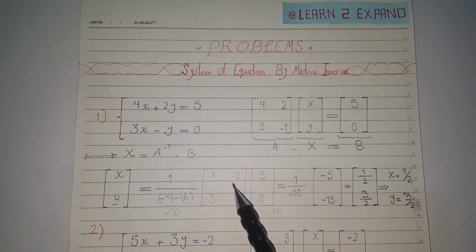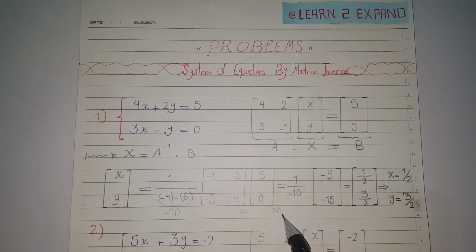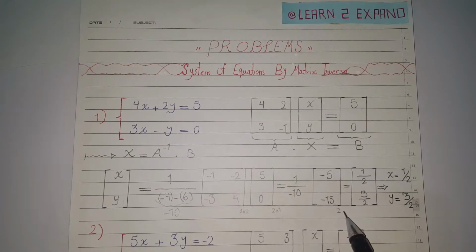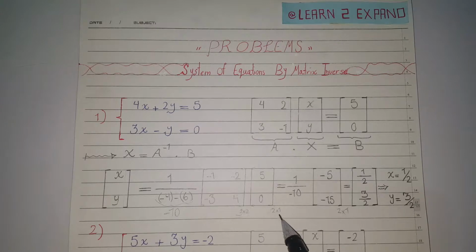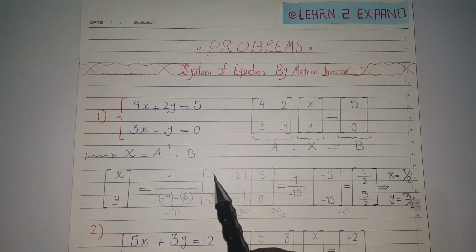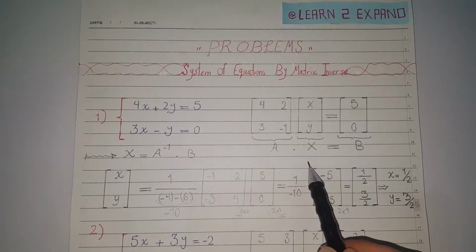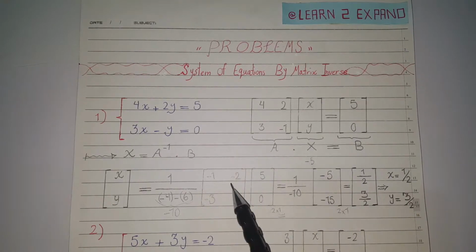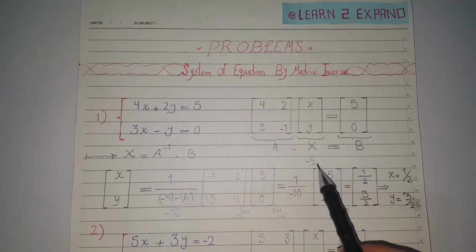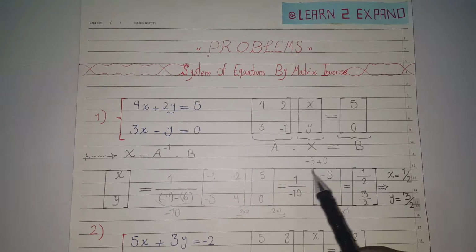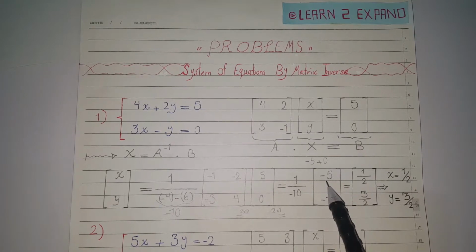This matrix is 2 by 2, and this matrix is 2 by 1, so the answer is going to be a vertical matrix, 2 by 1. How do we get the answer? -1 times 5 is -5, plus -2 times 0, which is 0, so overall it is -5.